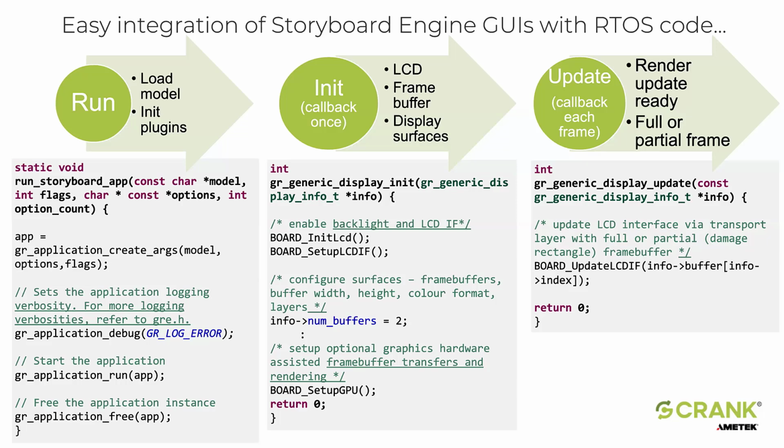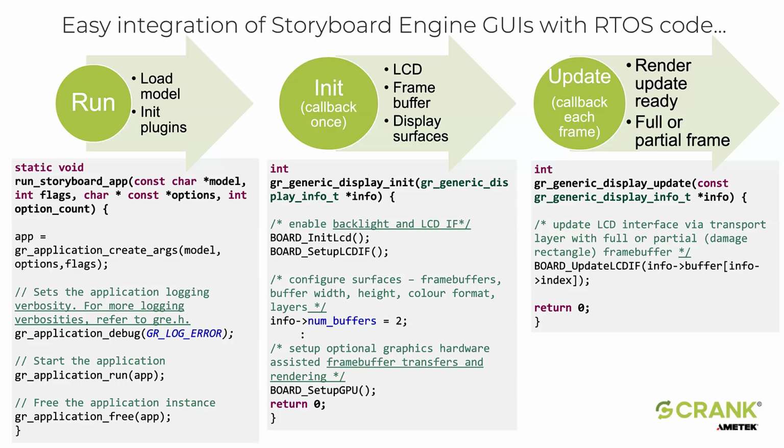And the very first thing it does, and this is where the impedance matching comes in. Storyboard sits on top of the hardware drivers. Obviously, you need to somehow initialize the display on the device. So in this case, the LCD. You need to turn the backlight on. You need to set up the LCD interface. So whatever else you have to do to get the display ready to receive the frame buffer.